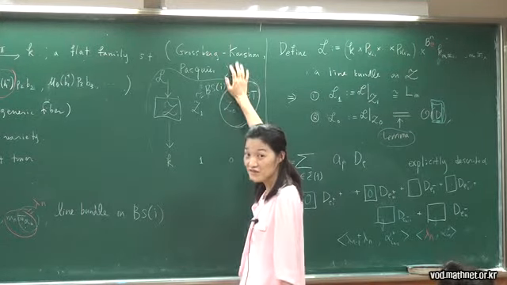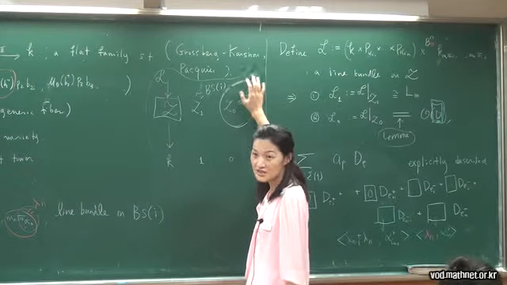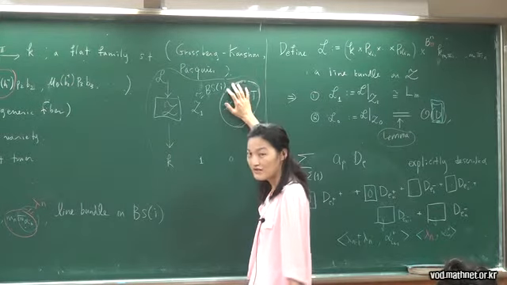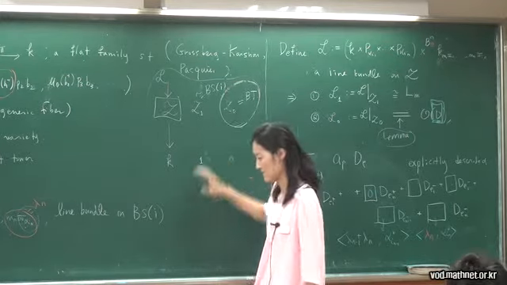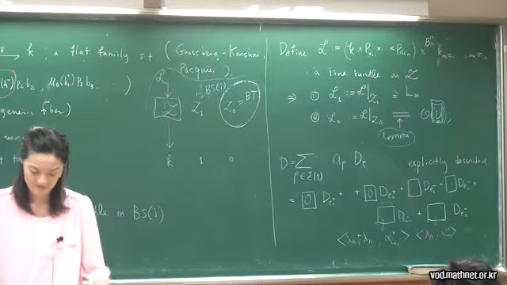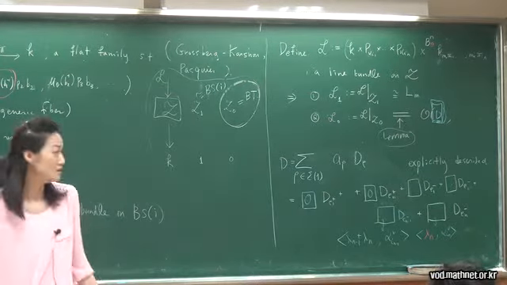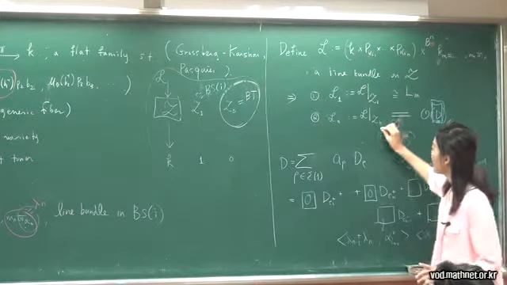And this special fiber is very nice because it's a toric variety given with a torus invariant divisor. So this OD, or this L0, is a line bundle over a toric variety.